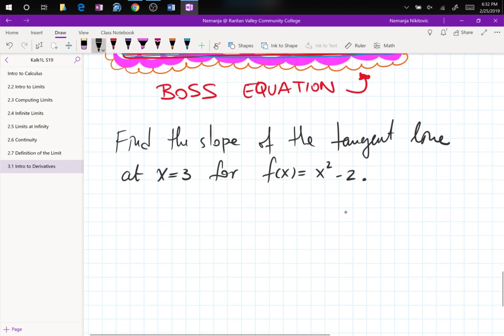Instead of using x equals 3, as 3 is equal to a, we are going to ignore that, and we are going to compute the general formula first.